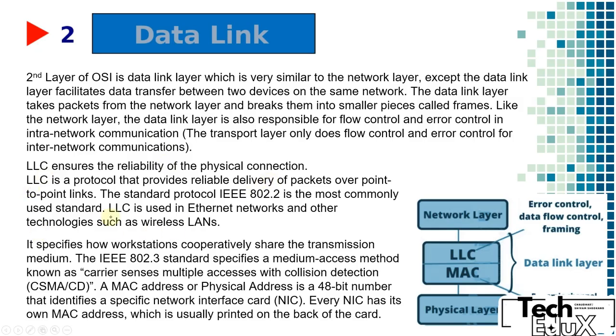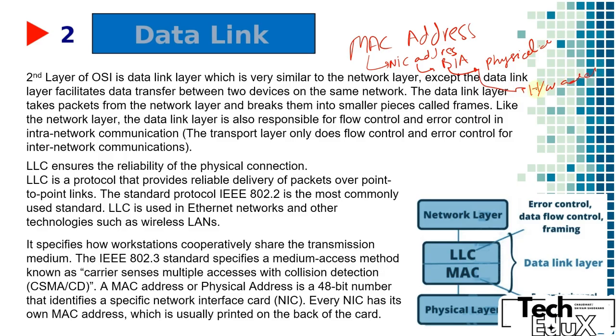When it comes to the data link layer, we always deal with MAC addresses. A MAC address is known by many names, like NIC address, burn-in address, physical address, and hardware address. A MAC address is a 48-bit address, and we will talk about it in a lot more detail.